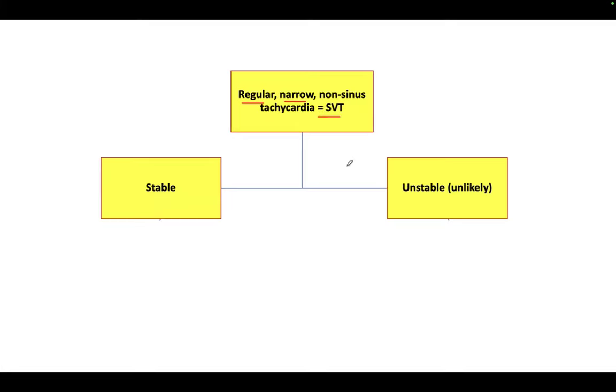The next thing is: is it stable or unstable? Most of the time the patient should be stable, especially with a normal heart, normal function, a healthy individual. Often everyone would tolerate SVT.